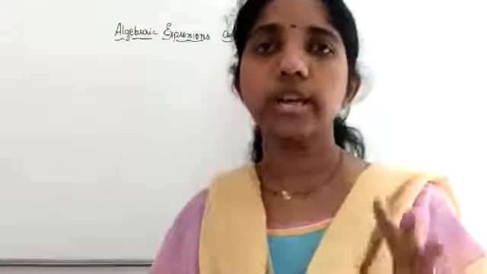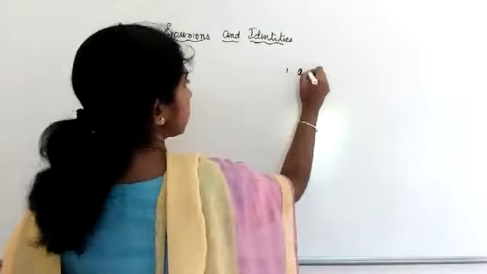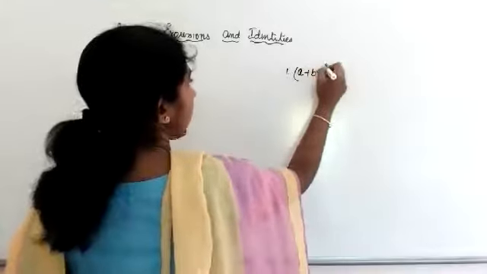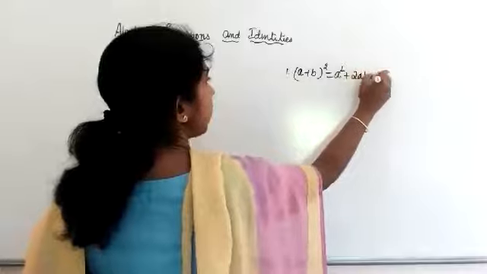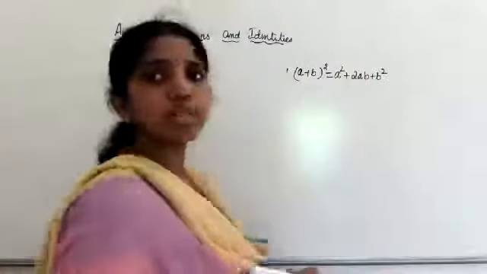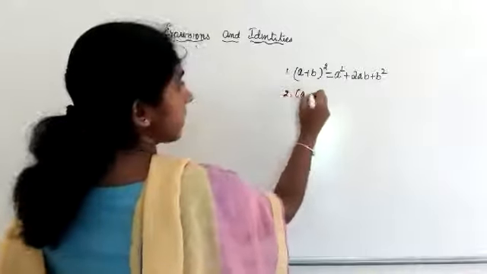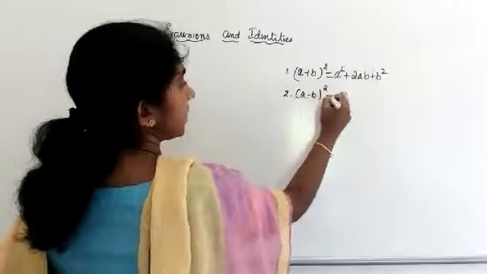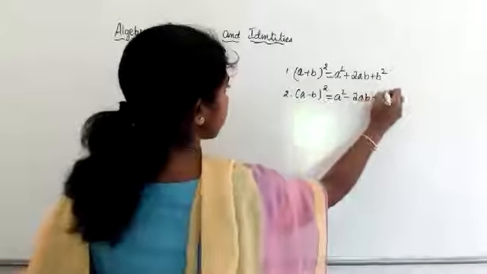So we had learned four algebraic identities. The first identity was a plus b the whole square, which is a square plus 2ab plus b square. The second identity is a minus b the whole square, which is a square minus 2ab plus b square.